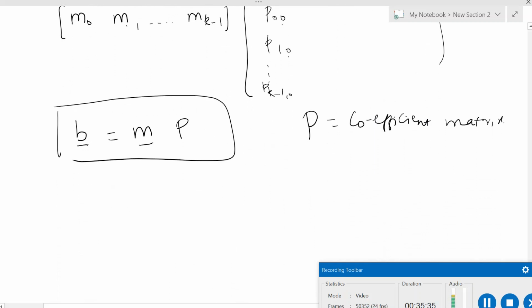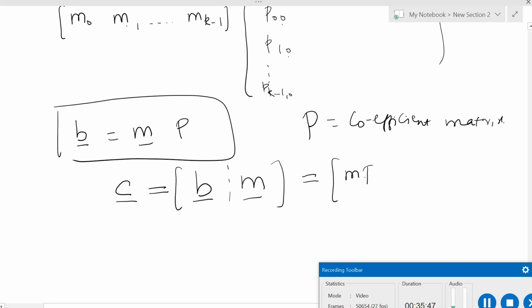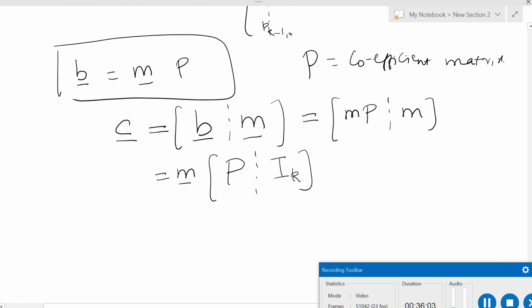So hence the code word is, as I told, concatenation of these parity bits and message bits, okay, which means it is a concatenation of MP with M, right? And if I take this M as common, as M vector, I get a concatenation of P matrix. Then what will be the next thing? That will be identity matrix, okay.